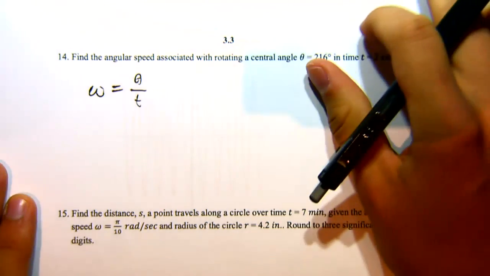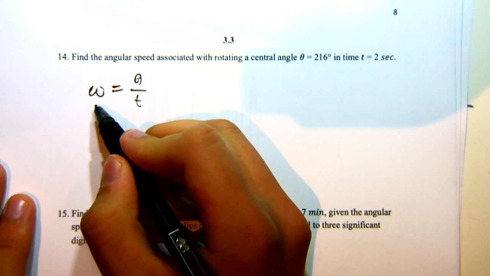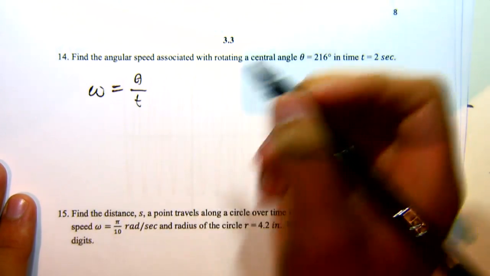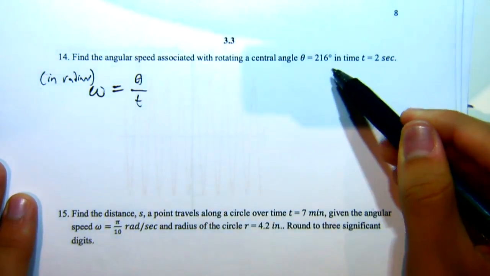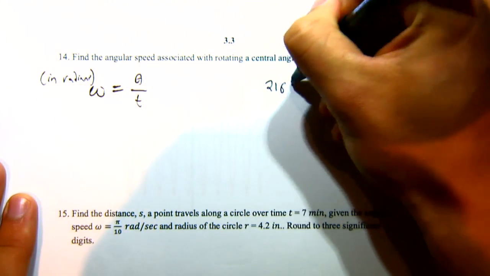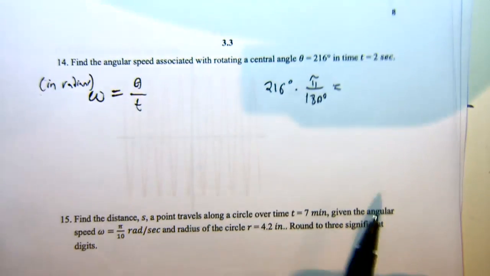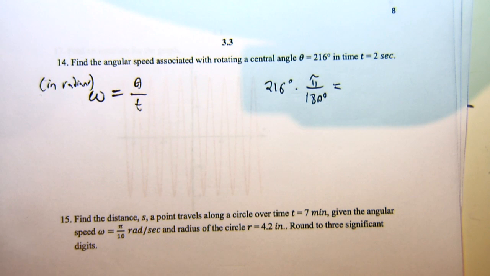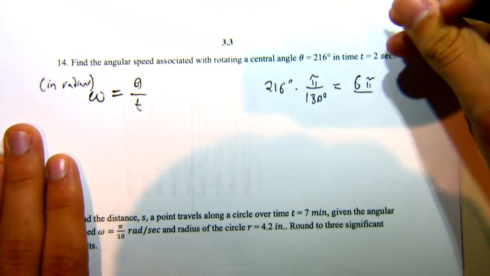And who remembers, is this in radians or is this in degrees? Radians? Okay, so this is going to be in radians. So we want to take this 216 degrees and convert it to radians. So when we go ahead and do that, we get 6 pi over 5.